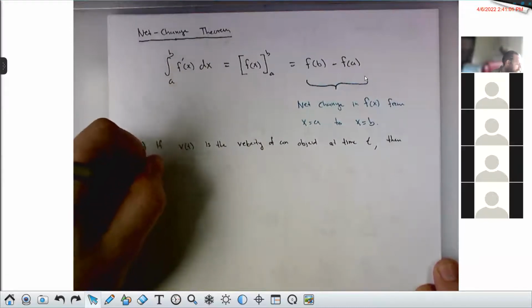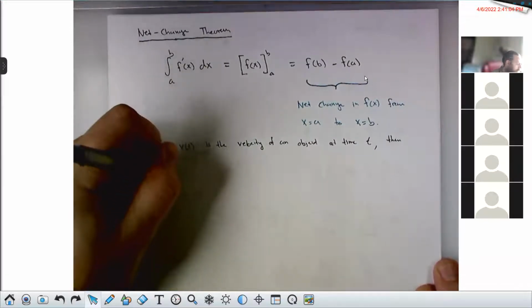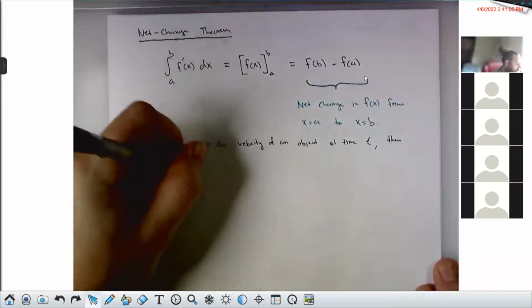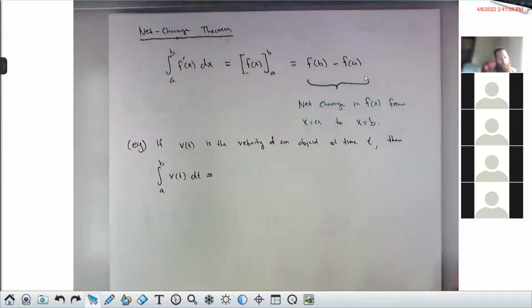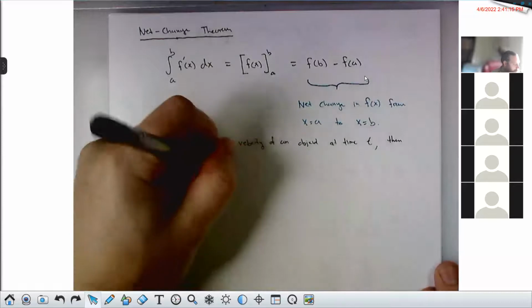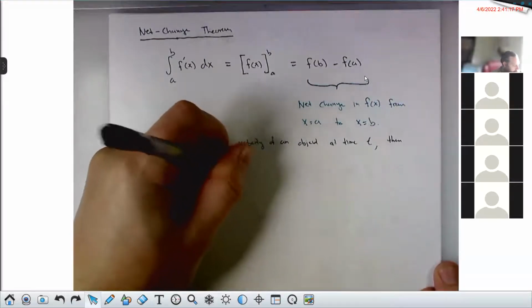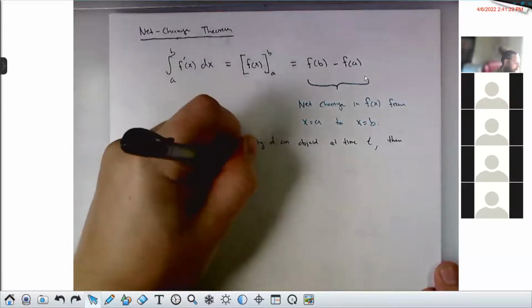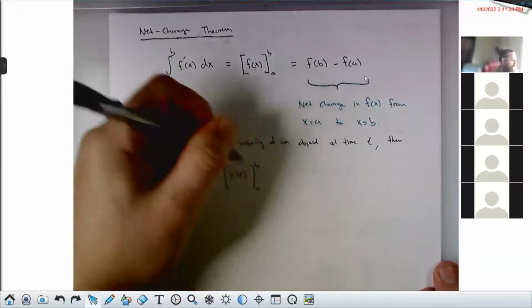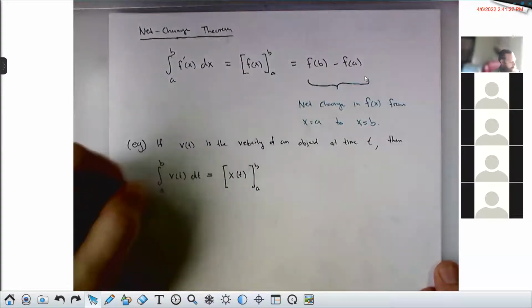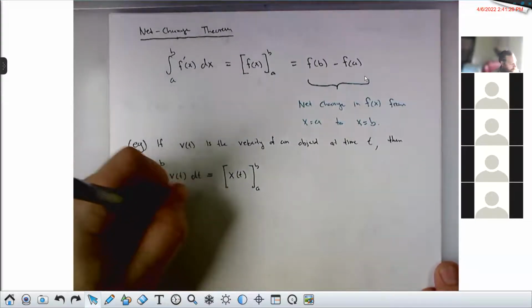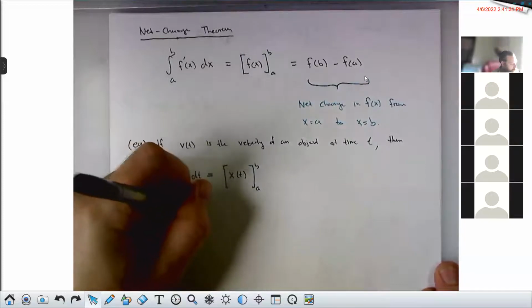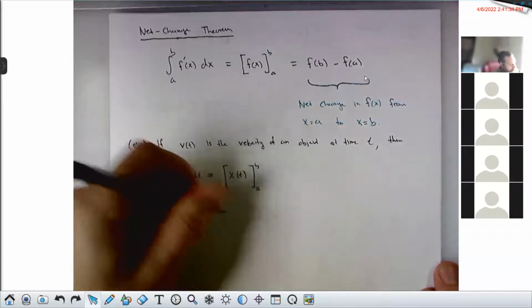the integral from a to b of v of t dt would be, there's kind of two different notations for this. I'm going to use x of t for the position. Sometimes the book uses s of t. So down here I'll say where x of t is the position function.